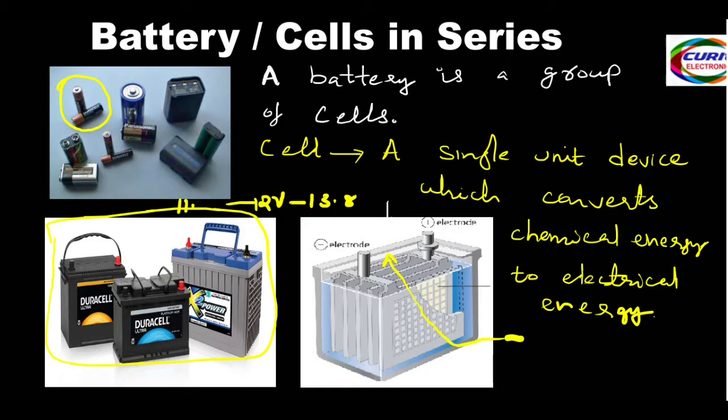Now, one more thing. To make batteries, we can do it in different ways. We are using the cells to form a battery, but there are three methods we can use. We can connect the cells in series.